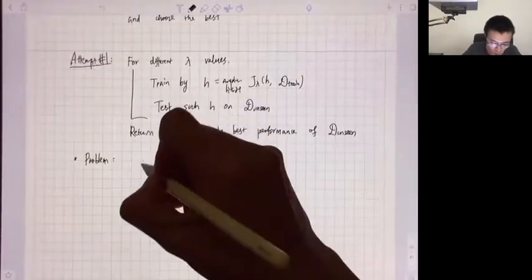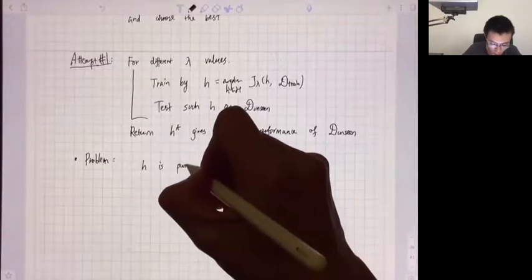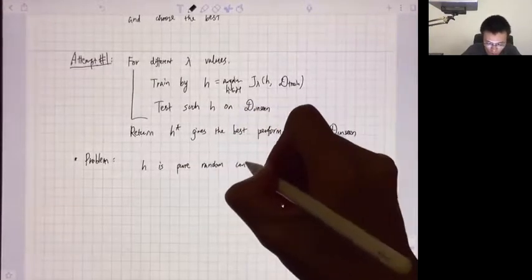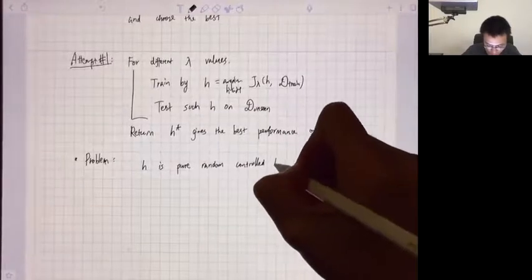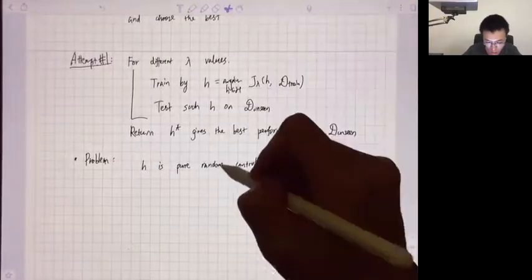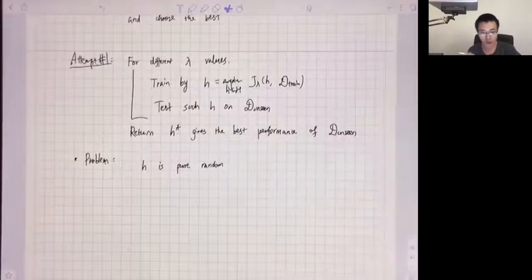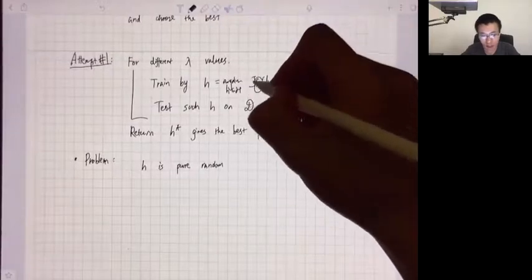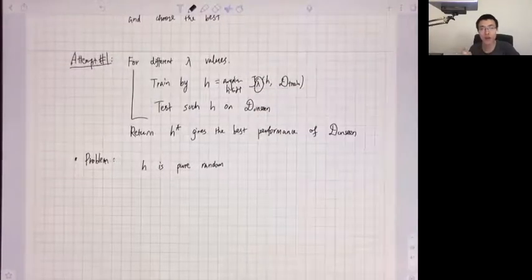So my h is purely random or pseudo-random controlled by lambda. I can just say h is a random hypothesis, and the lambda is dummy, okay? You try different things and it's dummy, it has no effect on h. Every time you get a new h and you just have some random predictions.